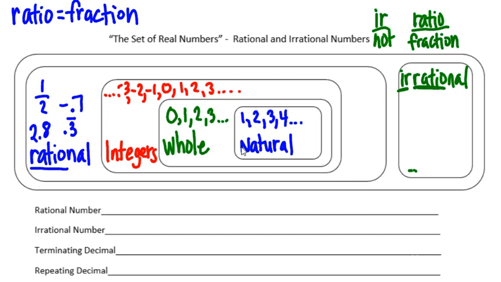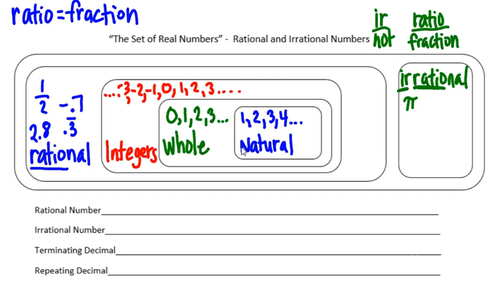I'm going to give you several examples of irrational numbers. First one, and probably the most famous one that you all know and have heard of, is pi. Pi is irrational. Its decimal expansion looks like 3.14159 something, something, something. Anyway, we know that its decimal expansion goes on forever and never repeats.